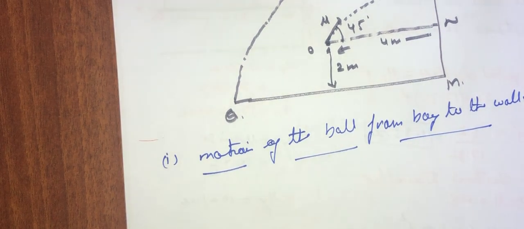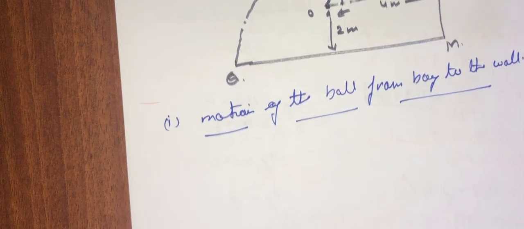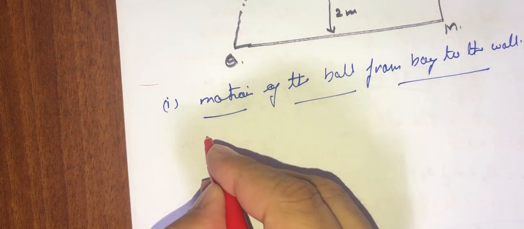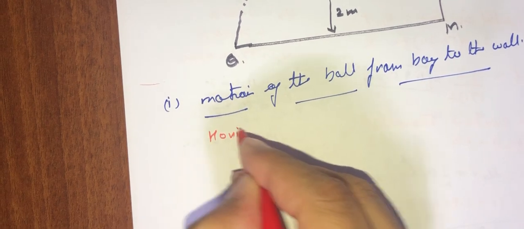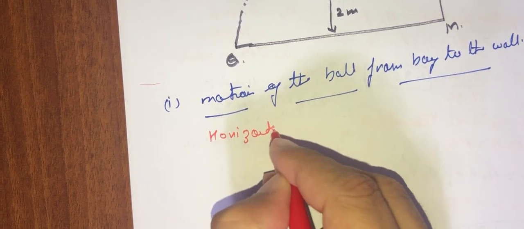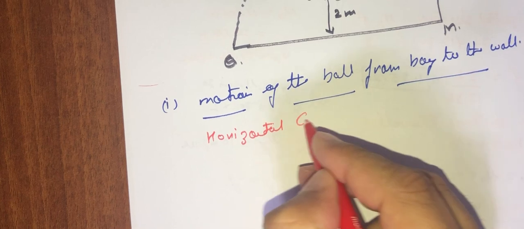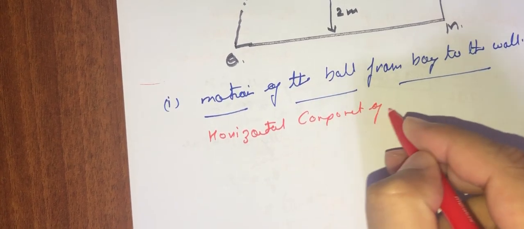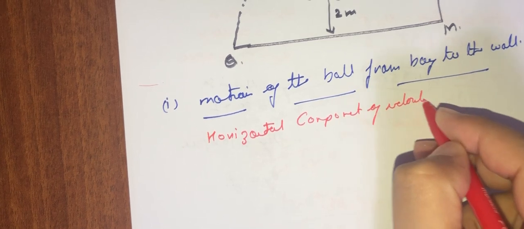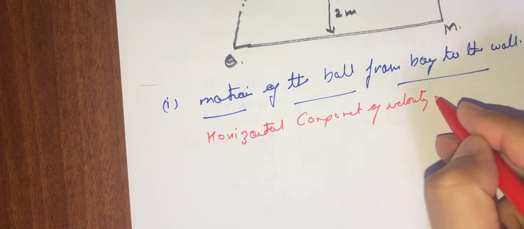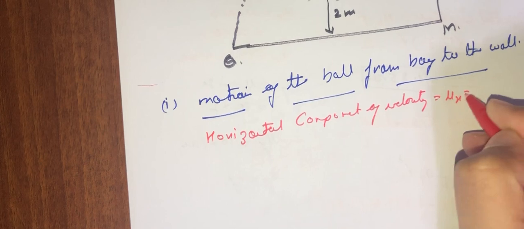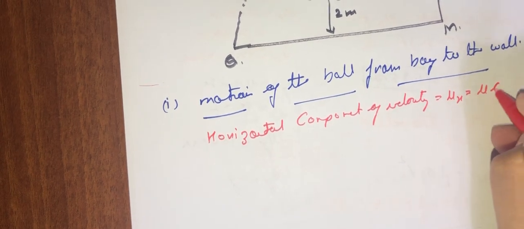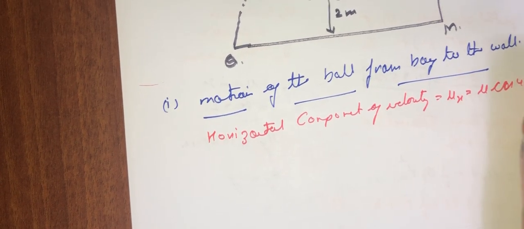So in this case, the horizontal component of velocity, let us say this is ux, given as u cos 45.